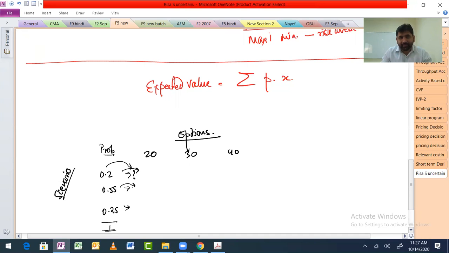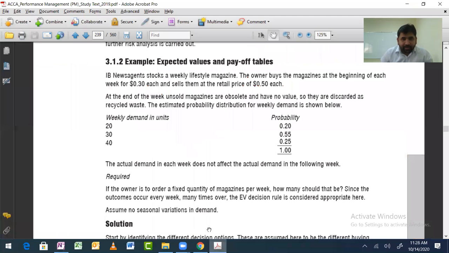So 55% chance of weekly demand only, right? For 20, it's 0.2, right? Is that what you are saying? 20 is the demand.